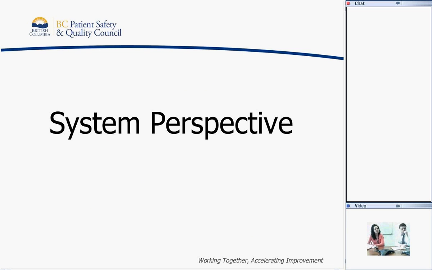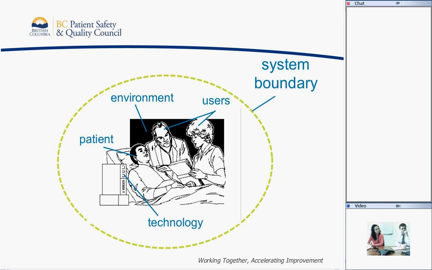Whereas a system perspective looks at the user, the environment, the patient, or the technology, and it looks at it all together. And so it's drawing an imaginary system boundary around these components, looking at them independently, but then also looking at how they have relationships with each other.